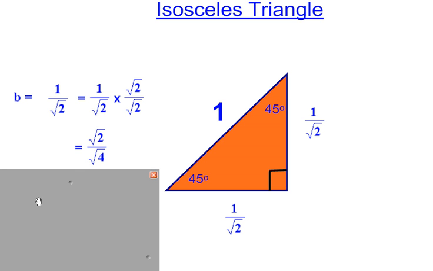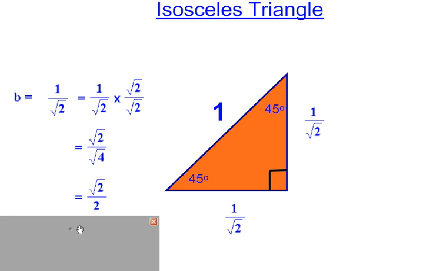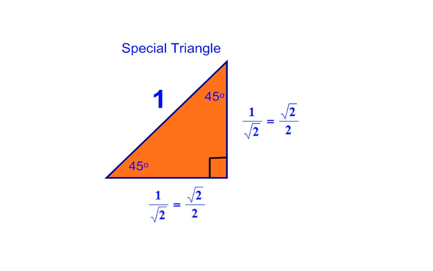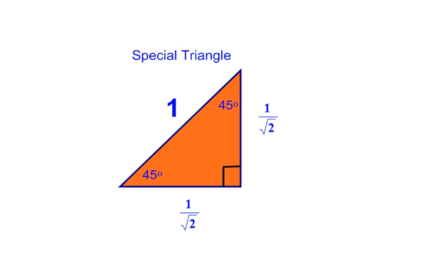That gives a numerator of square root of 2, and my denominator becomes square root of 2 times square root of 2, which is the square root of 4, which we know is 2. So that gives us square root of 2 over 2. Sometimes instead of 1 over square root of 2, you see square root of 2 over 2, so don't get confused. It's exactly the same thing. For our purposes, we'll usually use 1 over square root of 2.